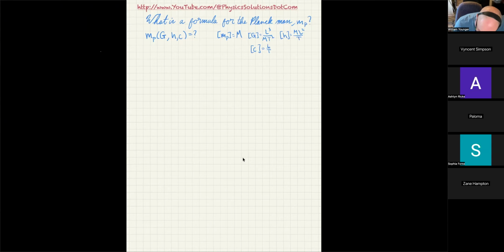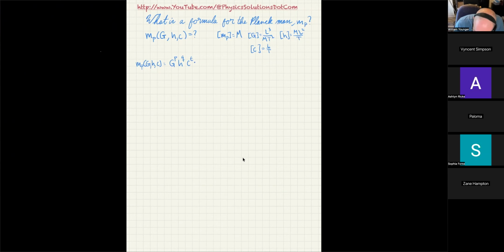So what we're going to say is that m sub p of G, h, and c is equal to G raised to the p power, h raised to the q power, and c raised to the lowercase t power.